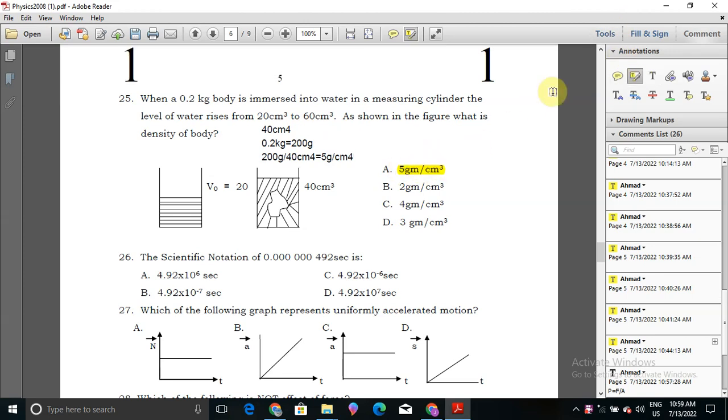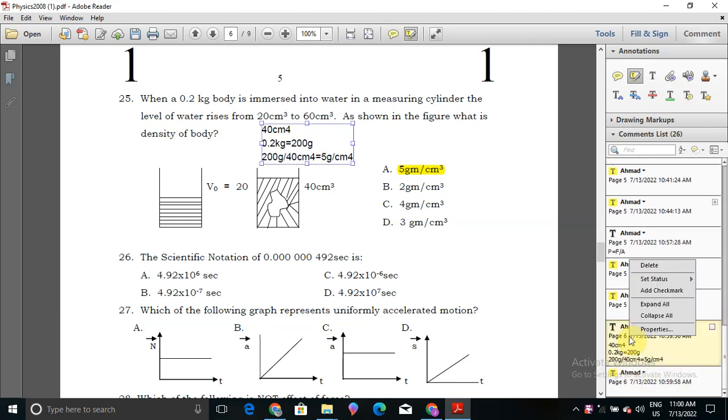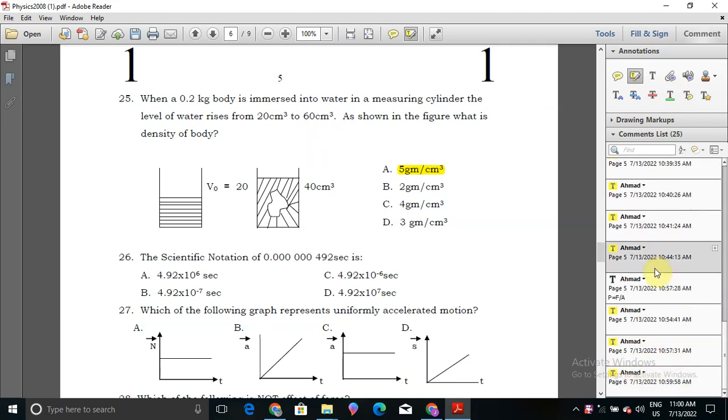Okay, now question number 26. Question number 26 says the scientific notation of 0.0000492 second is what? So easy.